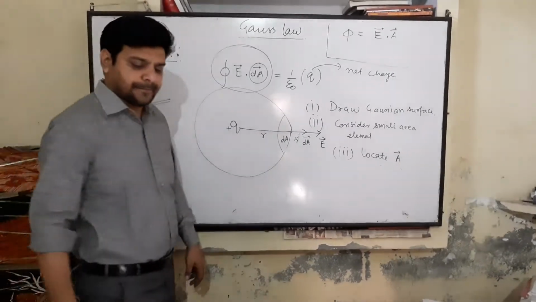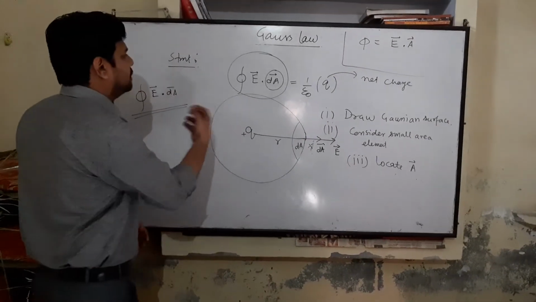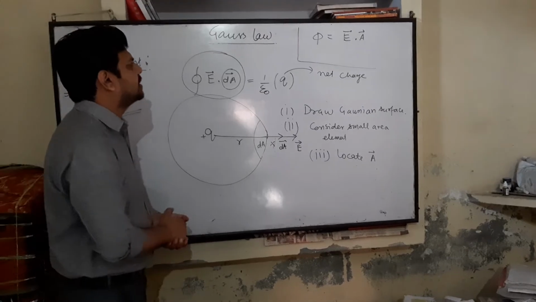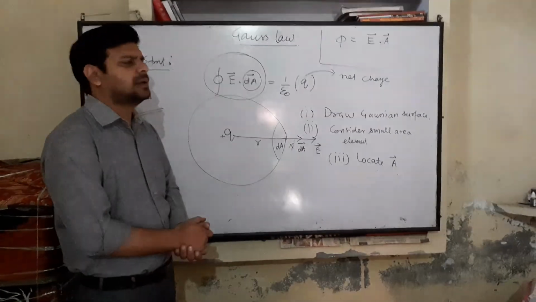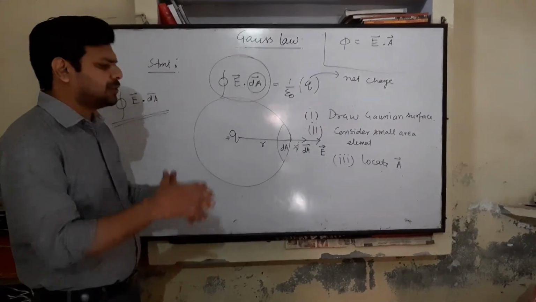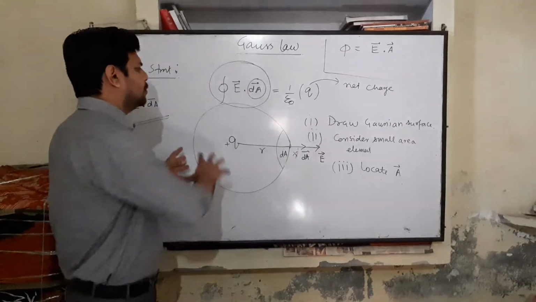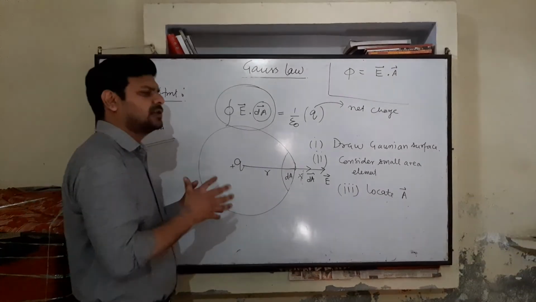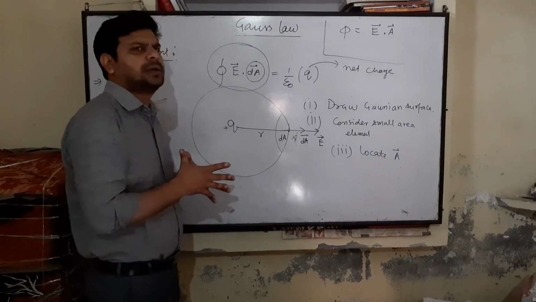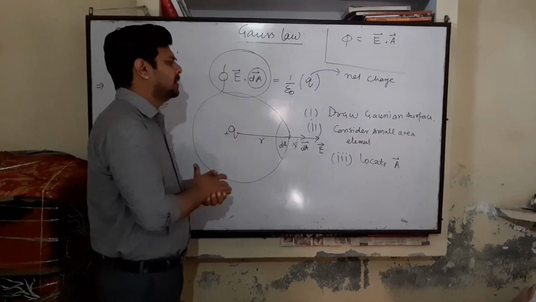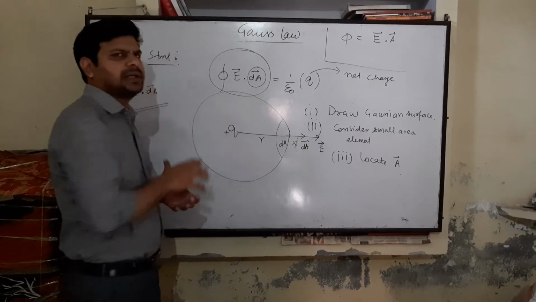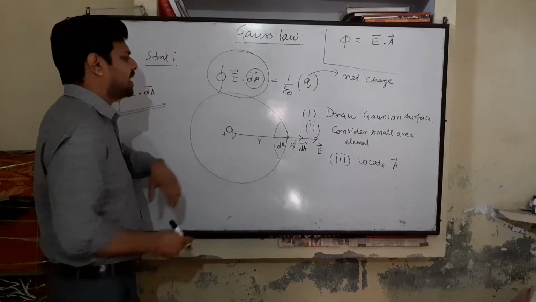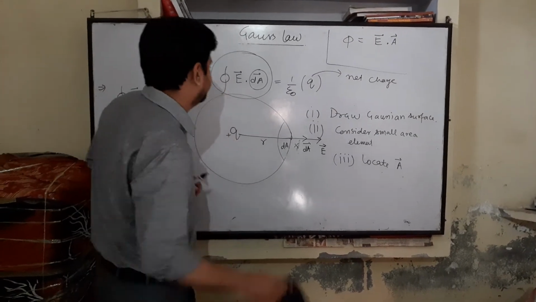Then we can draw a result from this statement: the total flux passing through any closed surface only depends upon the charge enclosed in that surface.